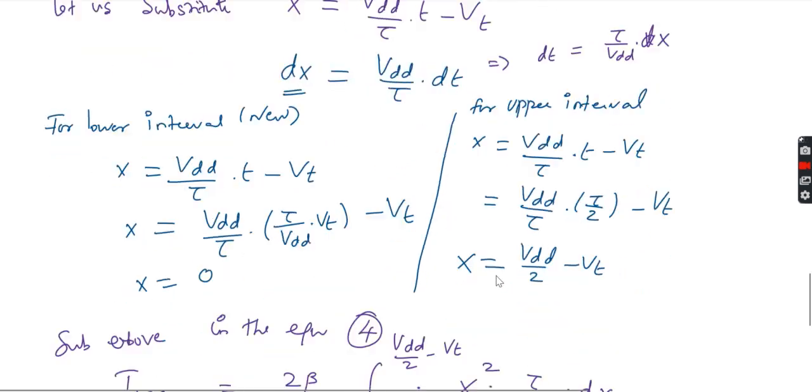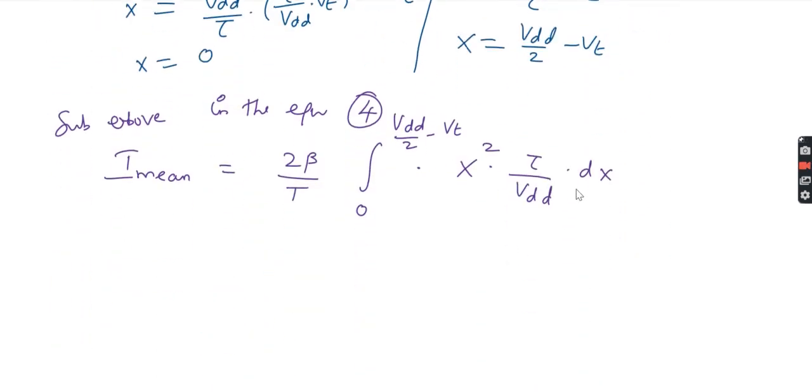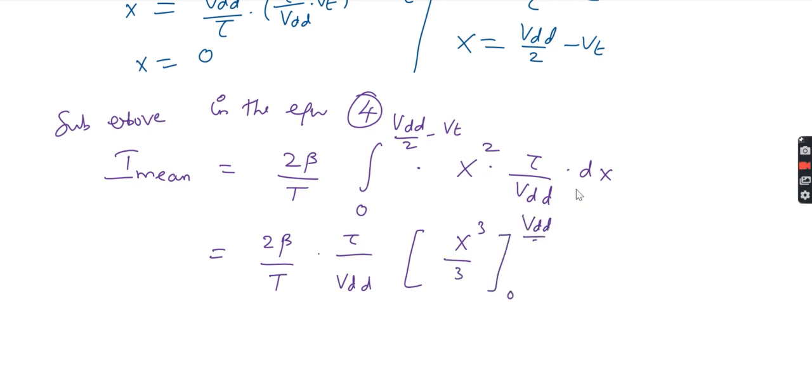So that is what we substituted here. Okay, now we need to perform the integration. Let us do the integration. 2 beta by t into, this has to be with respect to x, so I can take out tau by VDD. Then what will happen? X cube by 3, from 0 to VDD by 2 minus Vt.